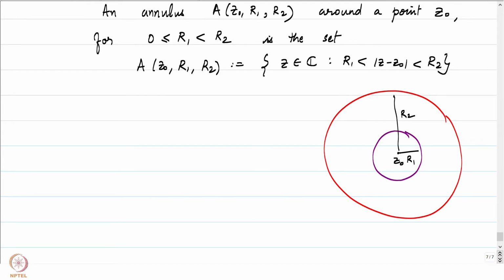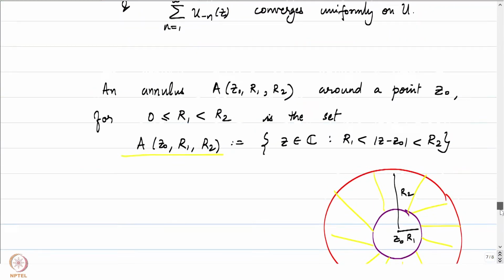And what is our region A? It is the yellow region that I am going to shade. It is the region which is bounded between these two circles. This is precisely an annulus of radius R1 and R2. So, if R2 is infinite, we will just end up with the set of all z such that mod z is greater than R1. That is the complement of the closed disk of radius R1, right?